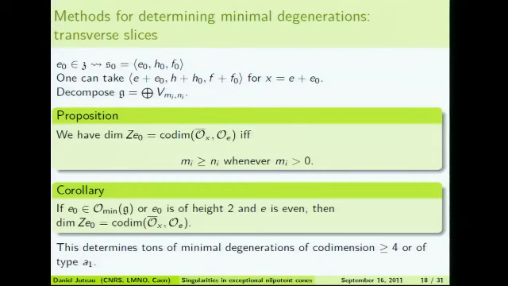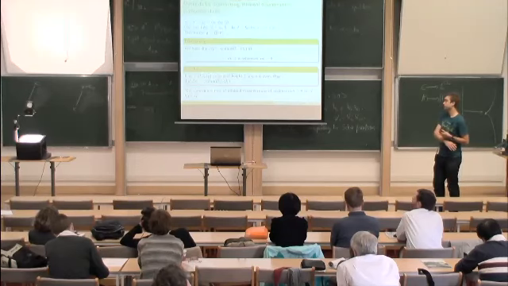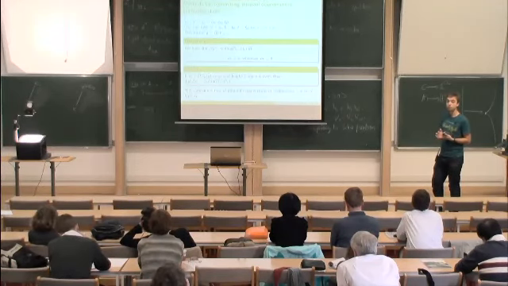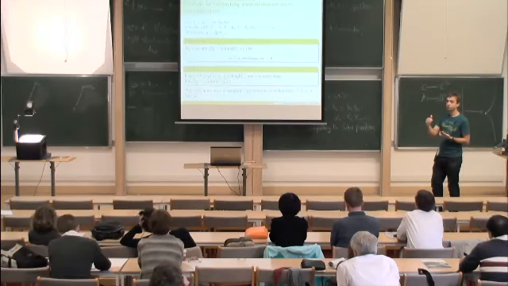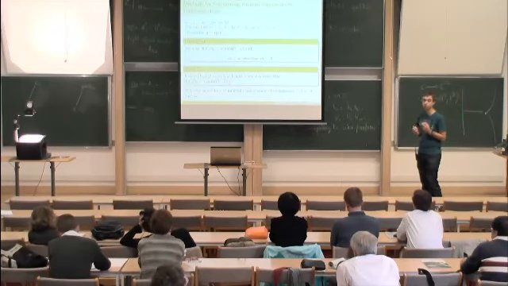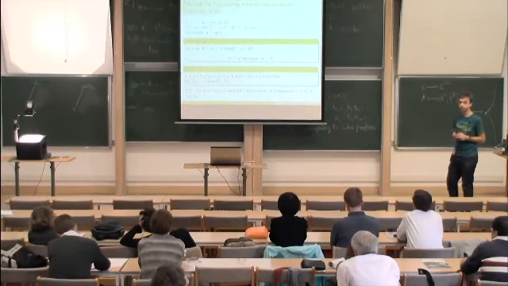So with this method, you can get at once a lot of minimal degenerations, which are of codimension at least 4 or type A1. Because for a minimal nilpotent orbit closure, you will not get simple singularities of other types than A1. So for codimension 2, we have to find something else.